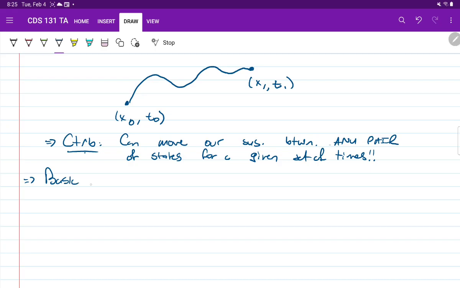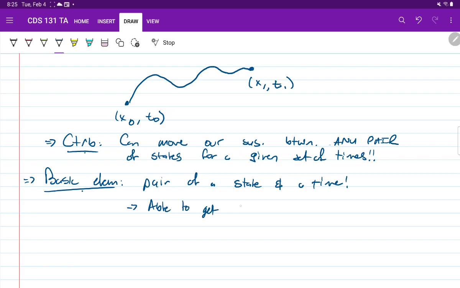So what are some basic mathematical elements that we have over here? The basic element is a pair of a state and a time. That's the main thing that we have. And then we're able to get from one pair to another.